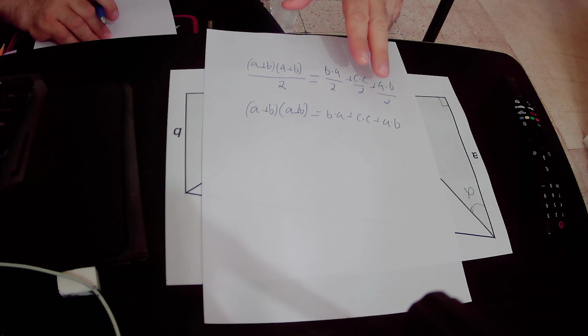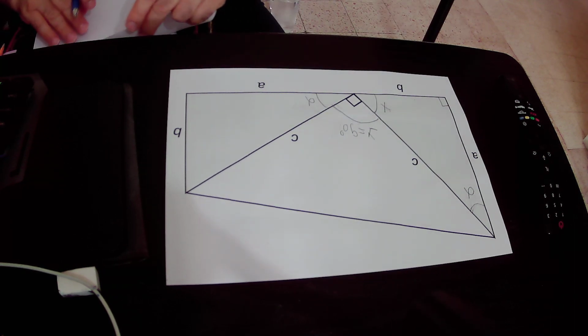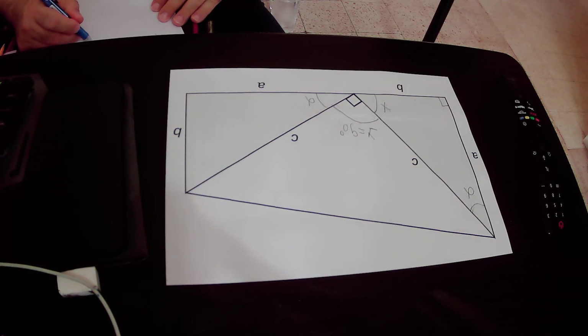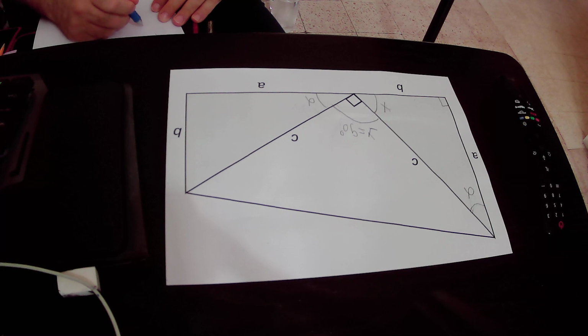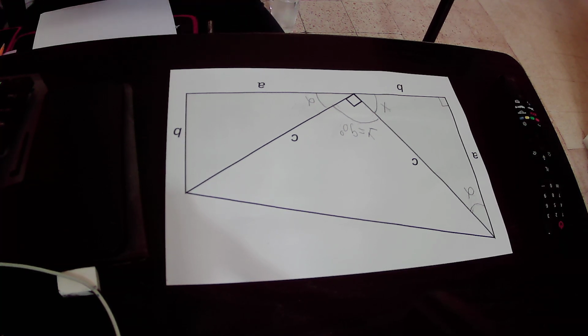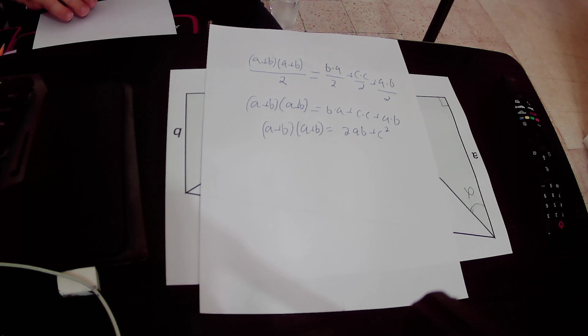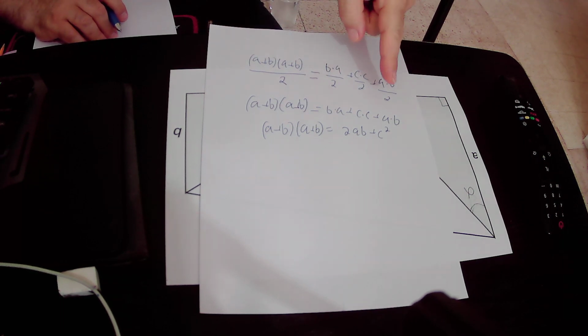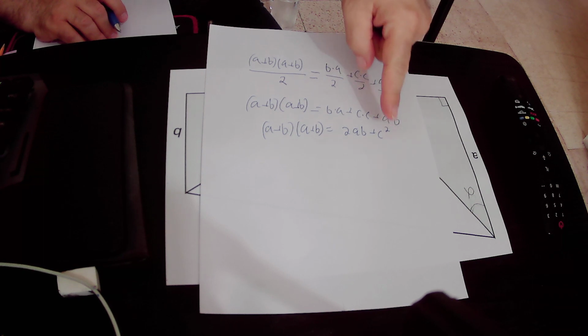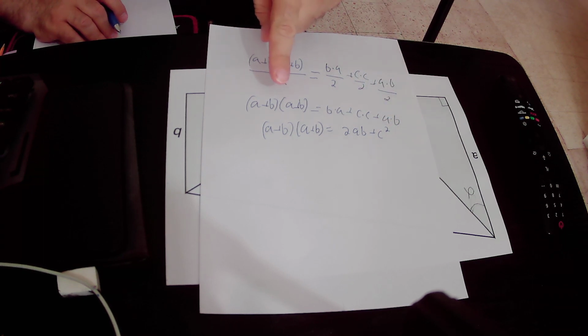Now ba plus ab is 2ab, and c times c is c squared. On the left side of the equation we have brackets, so we will open the brackets.